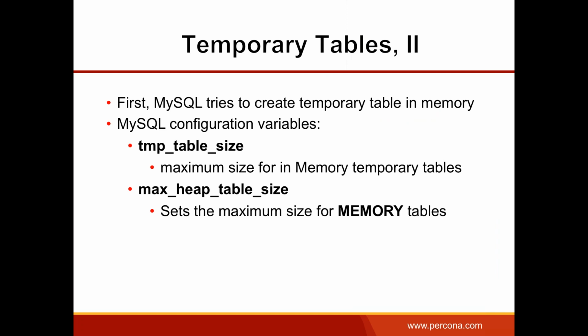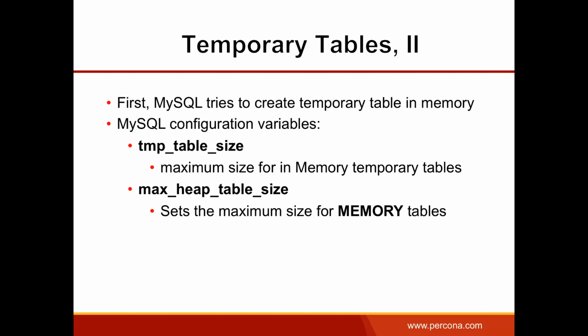And there are two MySQL configuration variables, tmp_table_size and max_heap_table_size. In this configuration variable name, heap means memory. So tmp_table_size sets the maximum size for memory temporary tables, and max_heap_table_size sets the maximum size for the memory engine.